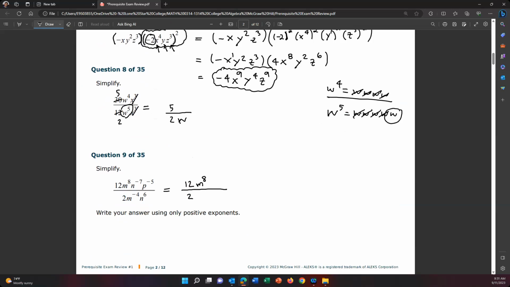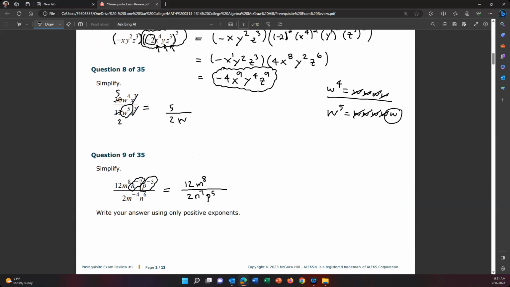This n to the negative 7th power. Oh, wait a minute. Hey, buddy, you're not in the right floor. You're supposed to be down here with a positive exponent. The same thing with this p to the negative 5. Well, hey, buddy, you're not in the right floor. You're supposed to be in the denominator with a positive exponent.